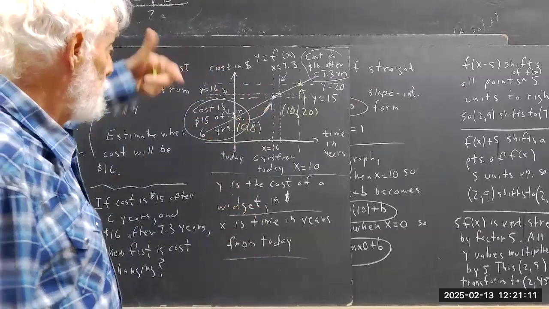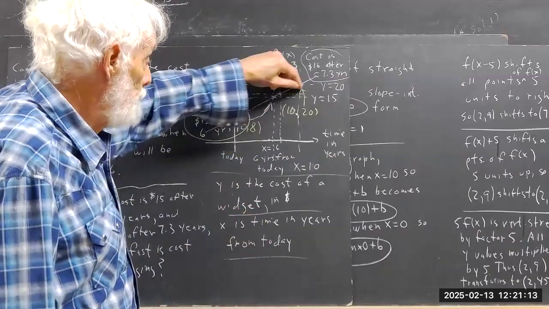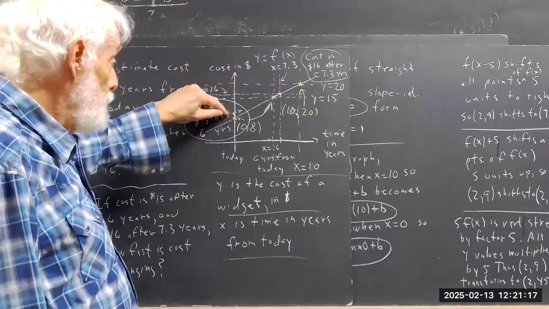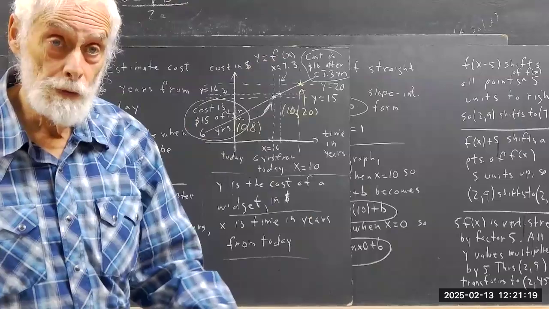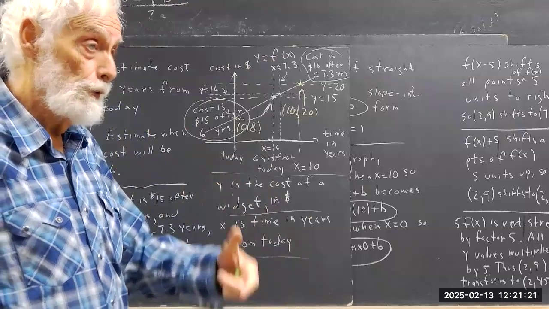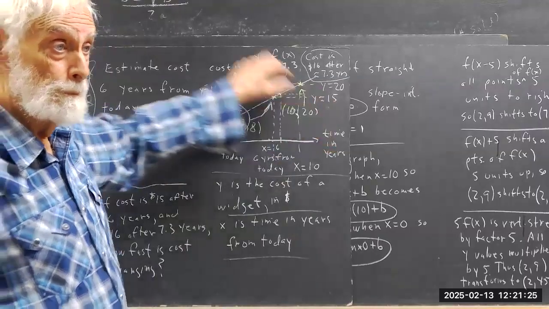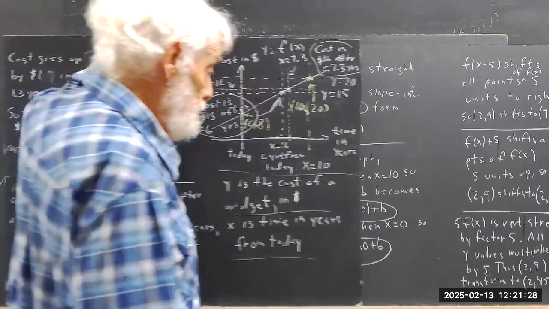So our estimate was pretty close to what the linear function would be given these two points. Again, using these two points, we found the linear function. We used the linear function to answer the question that we estimated and found out that our estimate was pretty good.